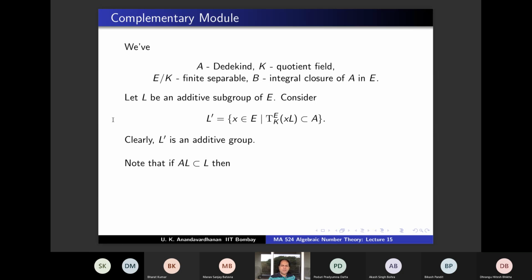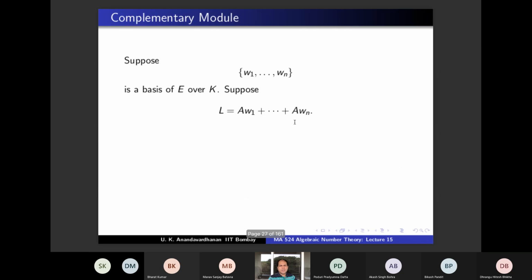But we will take specific L's and then we know things. Okay, X belongs to A. Can we say that? Even then you can't say, because you know nothing about L. X will come out, but trace of L is contained in A or not, who knows? L is something very general. So in general, what can you say? Nothing. But we are going to take specific L.